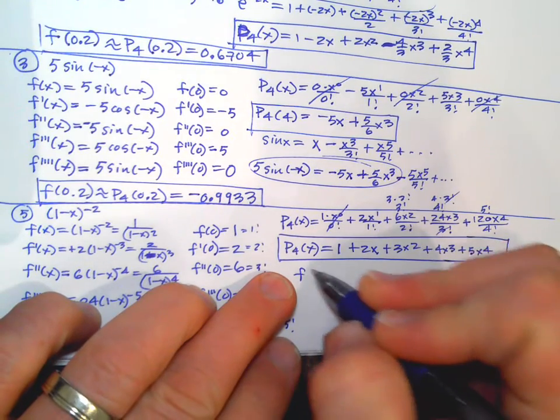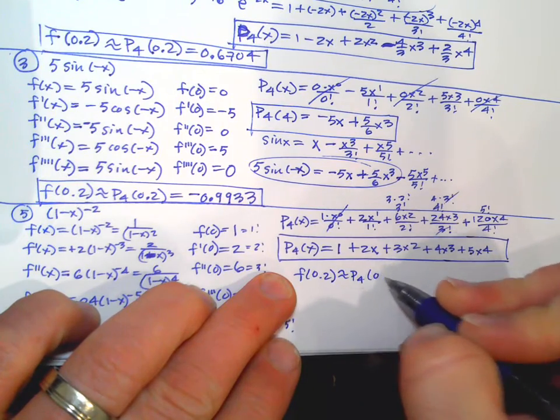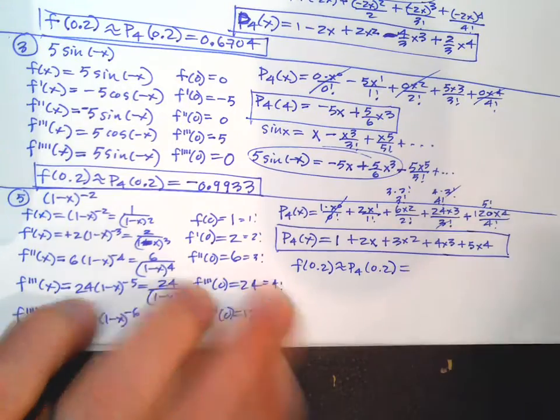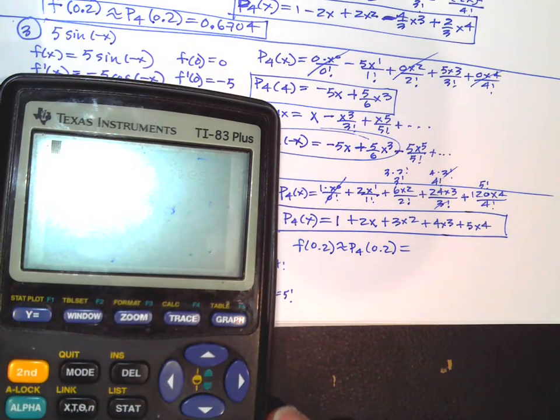So if you want to estimate 0.2, P sub 4, plug 0.2 into that, and just do it on my calculator. So we got 1 plus 2 times 0.2 plus 3 times 0.2 squared plus 4 times 0.2 to the third power plus 5 times 0.2 to the fourth power.